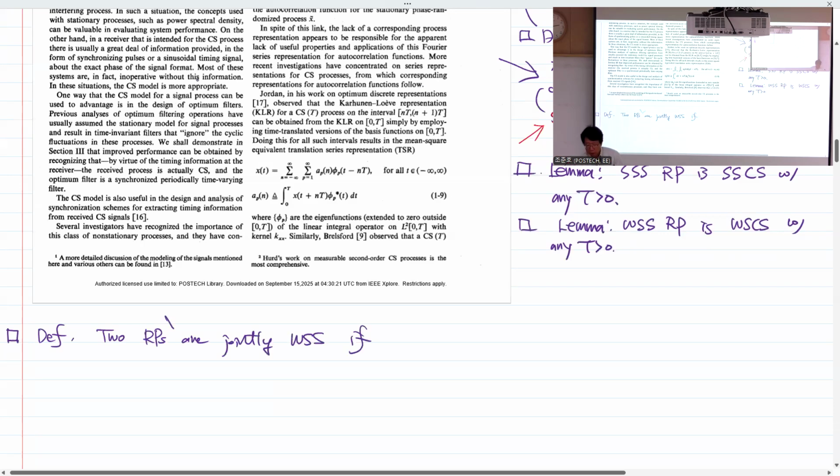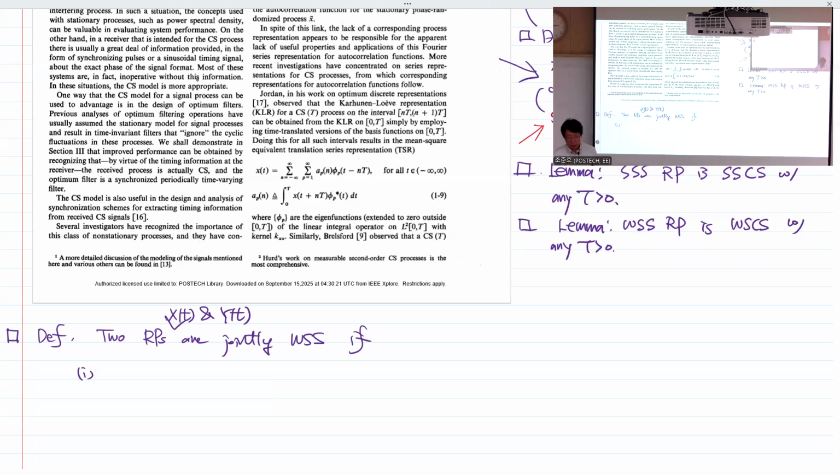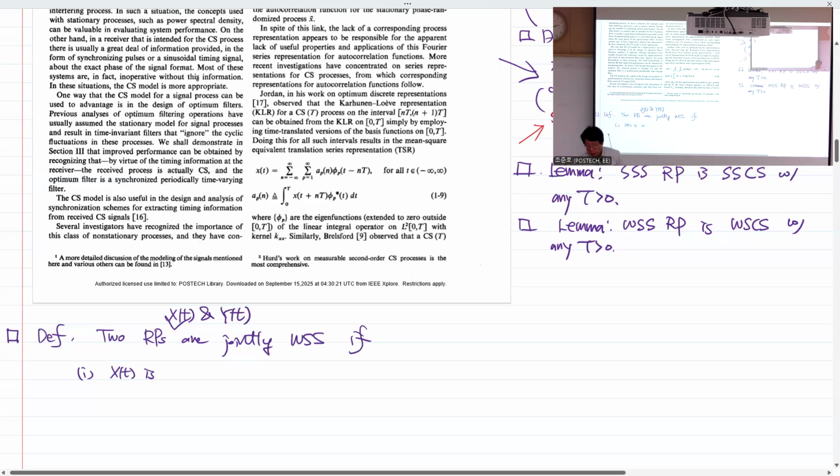So two random processes, let's say X and Y. So anybody, what is it? What's the definition of joint wide sense stationarity of two continuous time random processes? First, X of t is wide sense stationary. Second, Y of t is wide sense stationary.